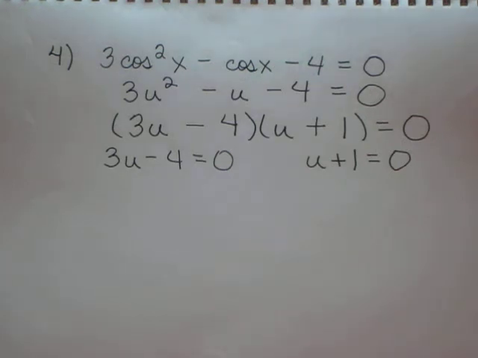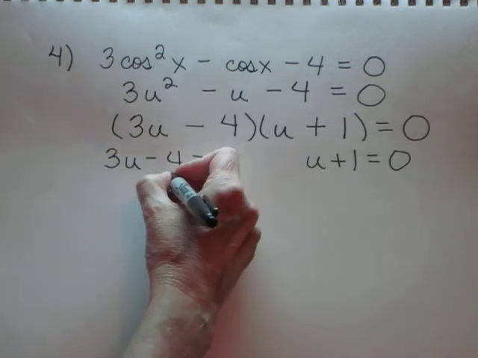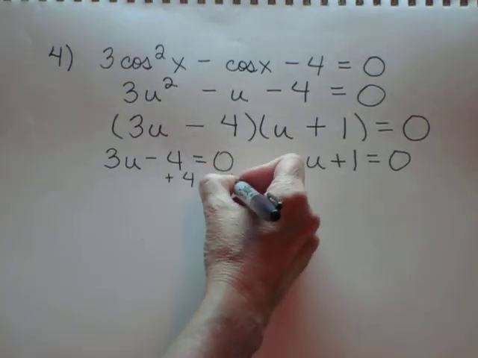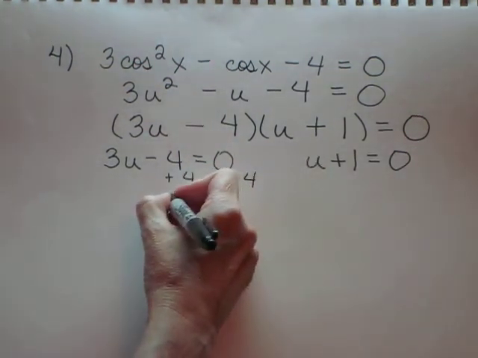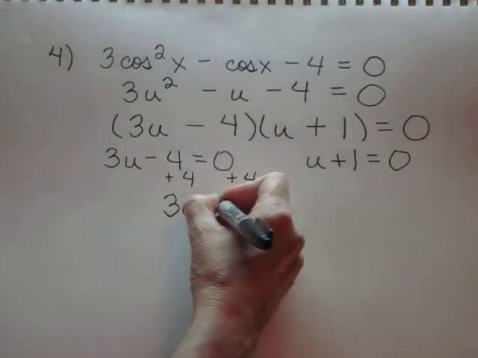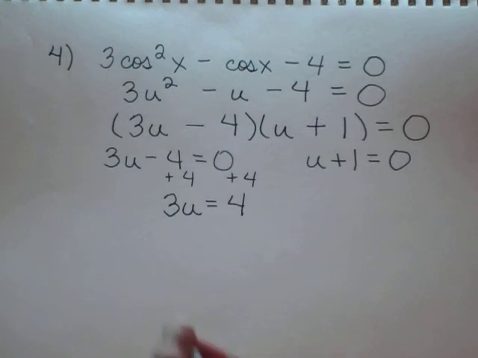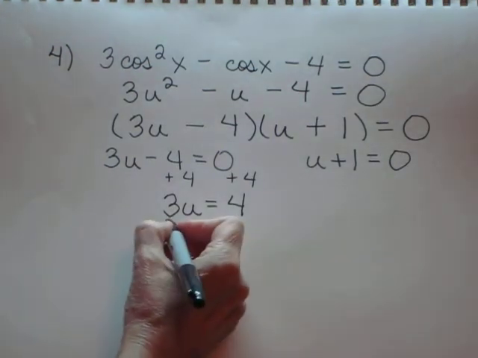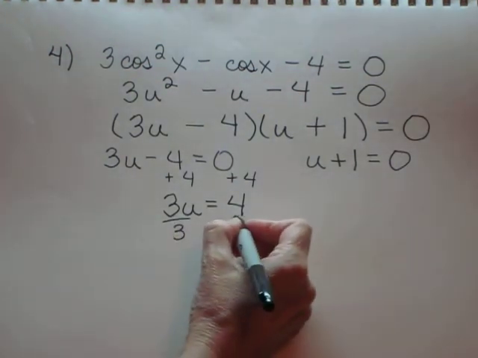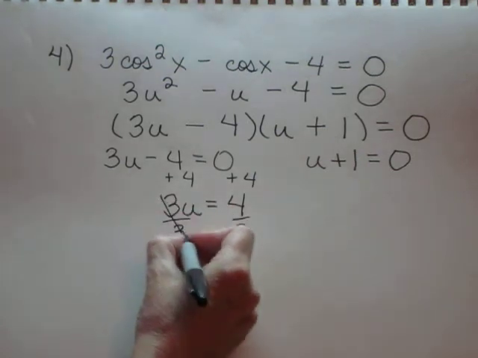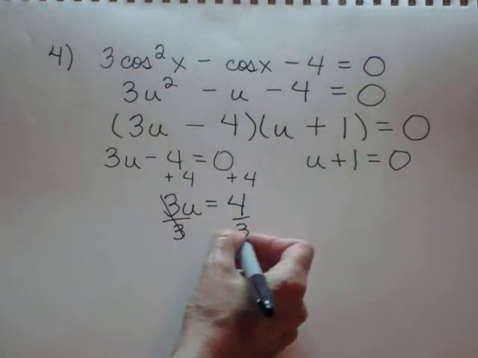Solve for u. I'll add 4 here. And divide by 3 to get u by itself. So for this one, I have u equals 4/3.